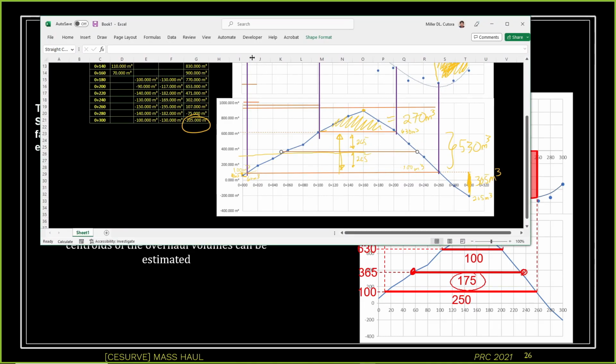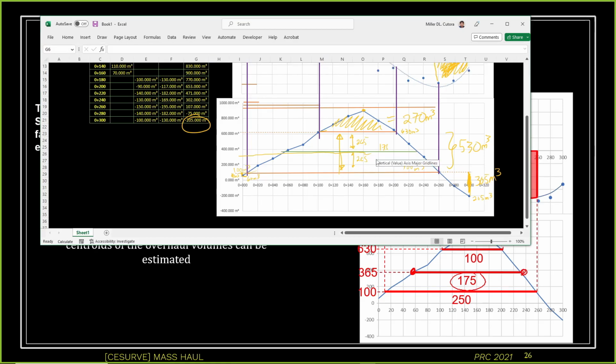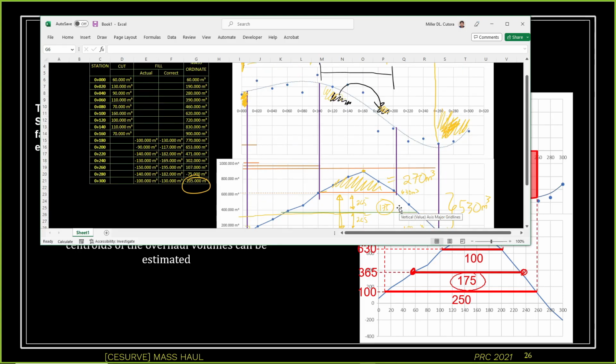Etong bagong line, gawin nating ibang kulay, gawin natin green. Ayan. That is the 365 level with an assumption of a length 175. So, itong 175, it is the letter D. Project natin to pataas. Okay? So, yan yung D.